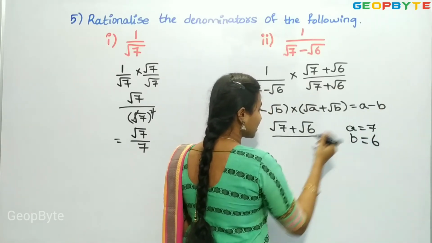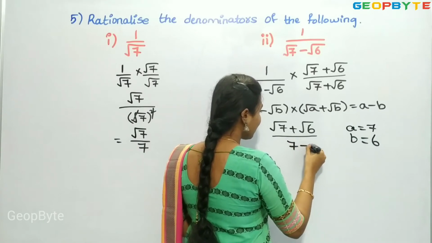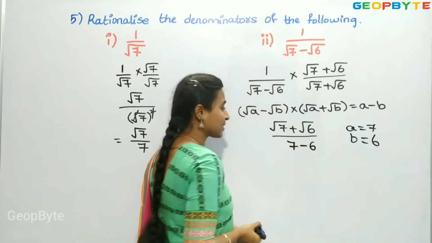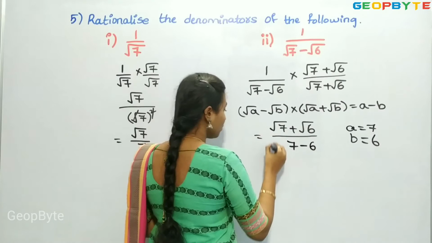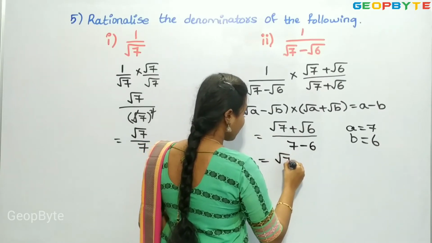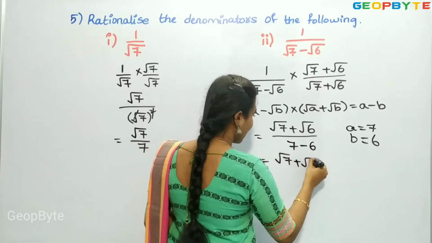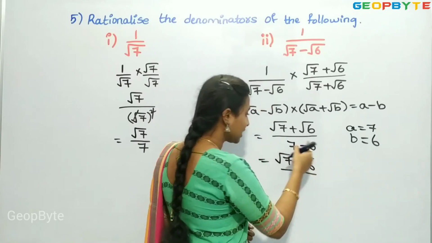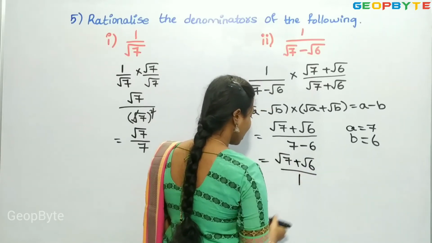So, A minus B is nothing but 7 minus 6. Now, under root 7 plus under root 6 by 7 minus 6 is 1.